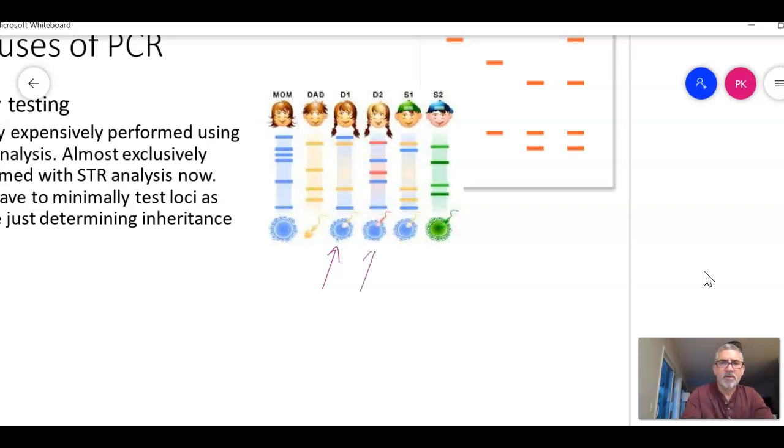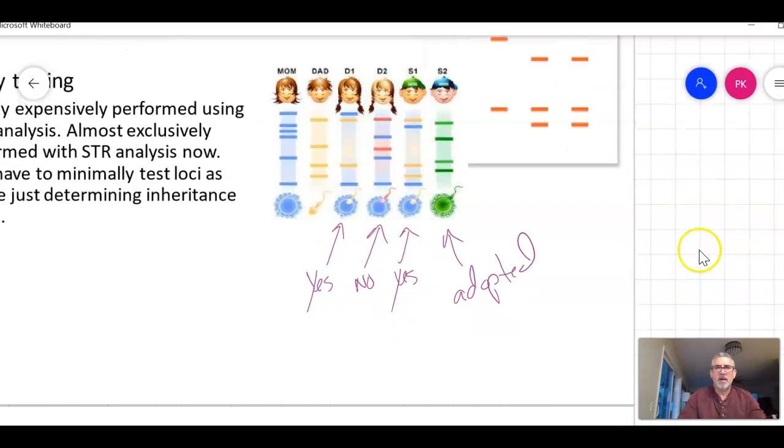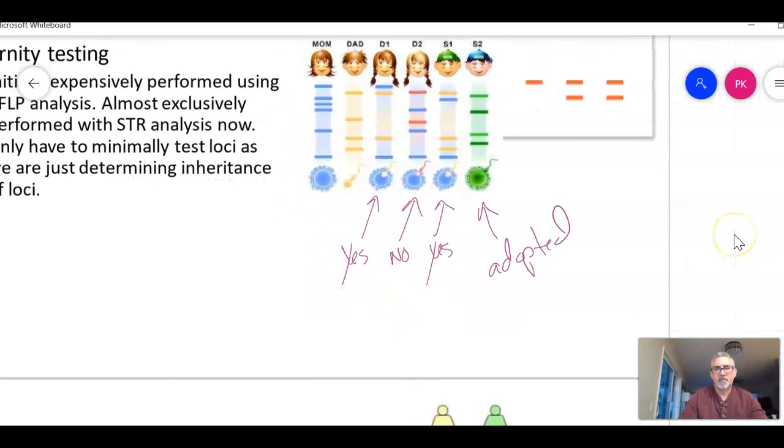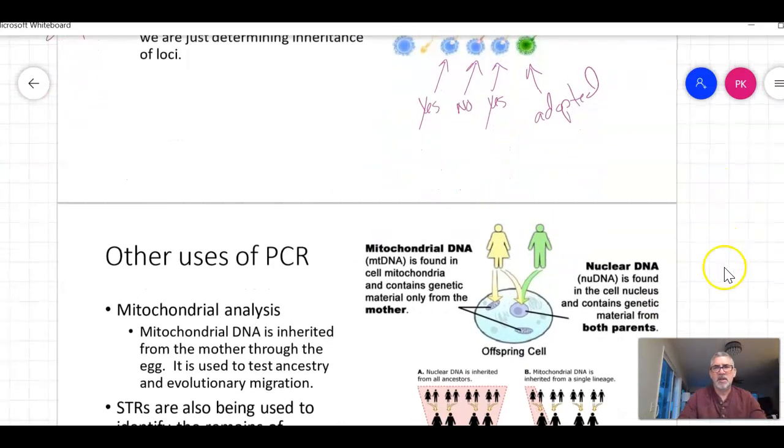Daughter 2, mom's got some explaining to do because dad's pattern of STRs does not match. Son number 3, this is a yes, this is a no. This is yes. And this is adopted. So you can look at patterns to find paternity, either adopted or switched at the hospital.